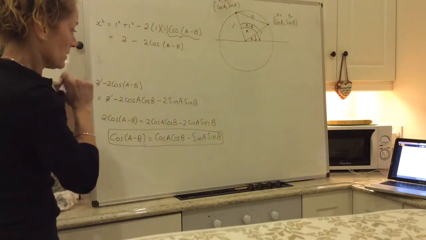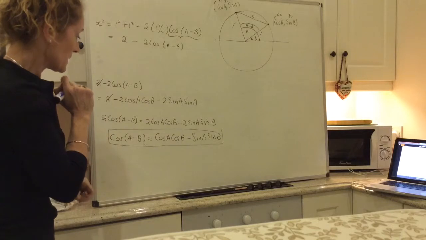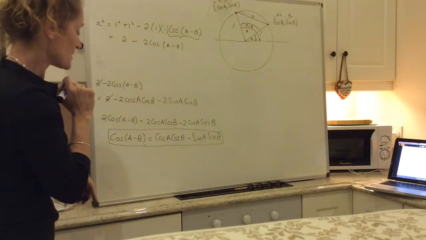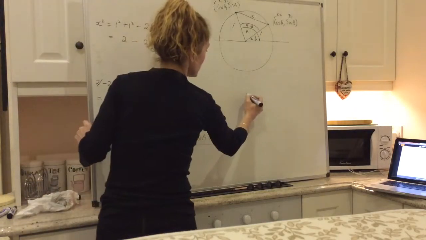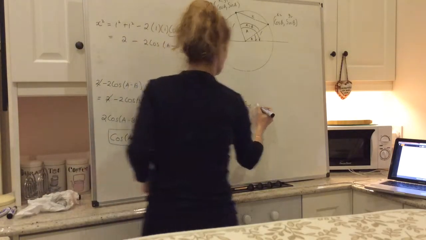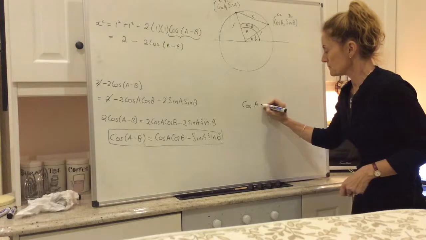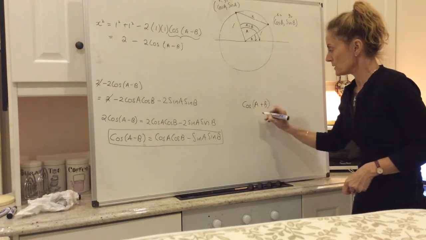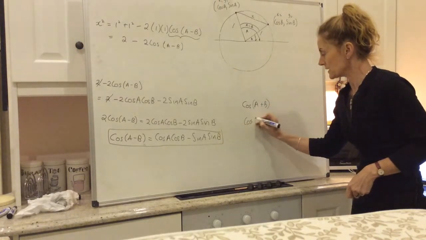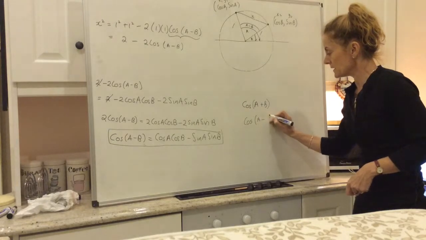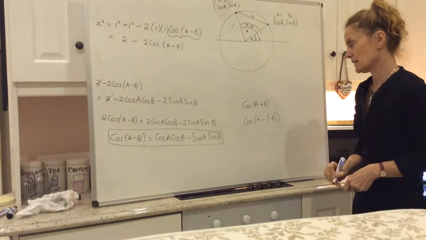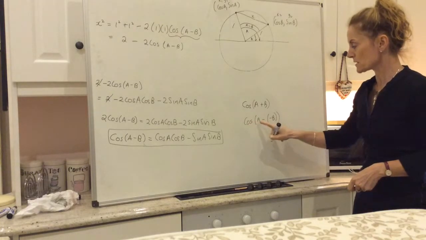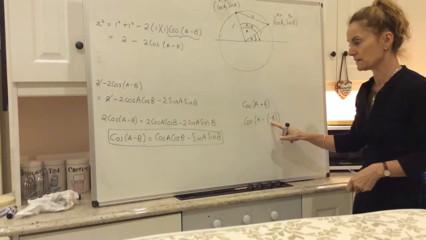Now, it doesn't take much more to find the expression for the cosine of A plus B. Because if we think about it, the cosine of A plus B we could agree is the same as the cosine of A minus minus B. And we have an expression for the cosine of one angle minus another angle.